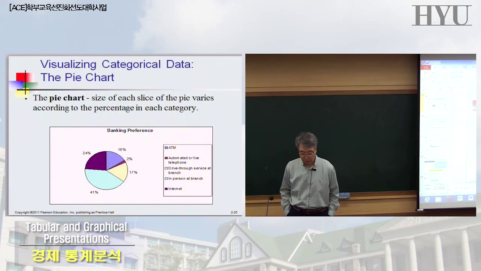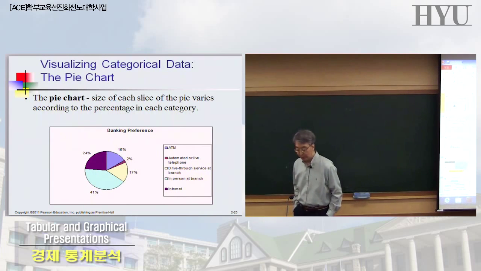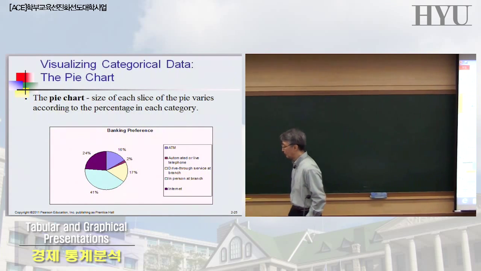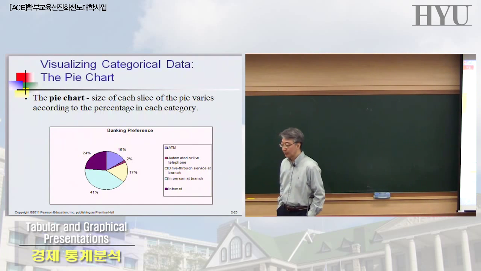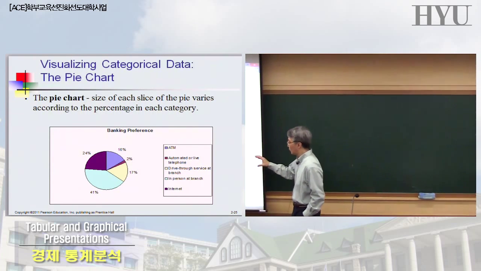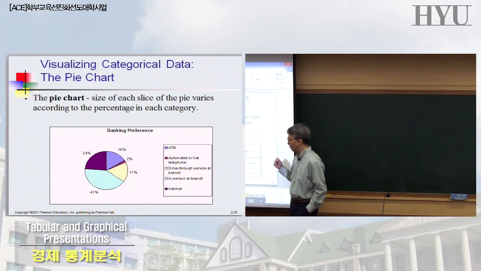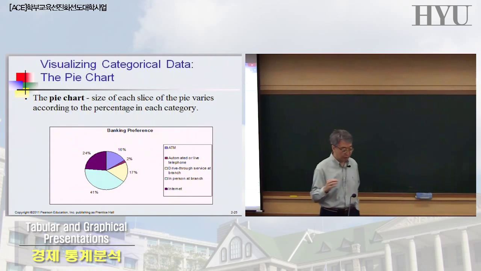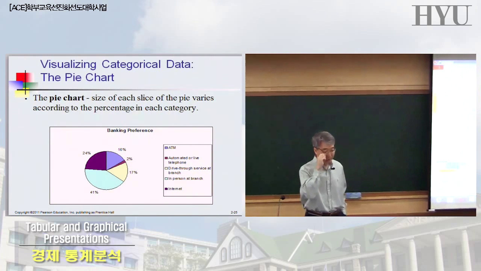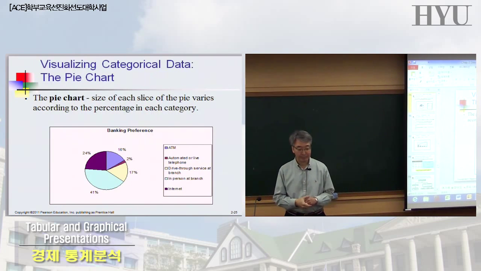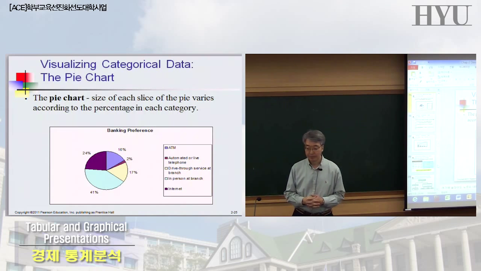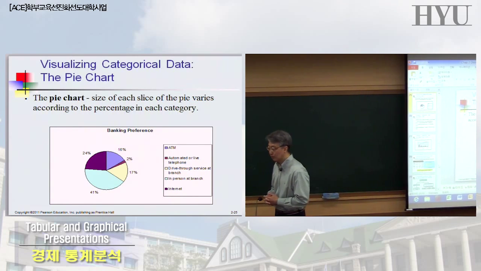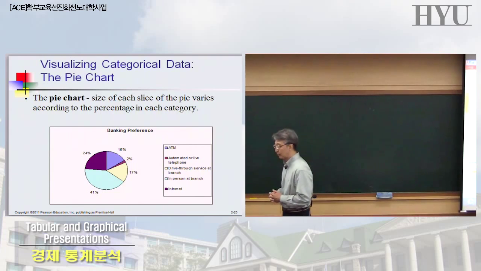Another way to present the same data is probably pie chart. We're using the same banking preference information. If you compare the bar chart and pie chart, which one do you prefer? Does pie chart have any advantage over bar chart?